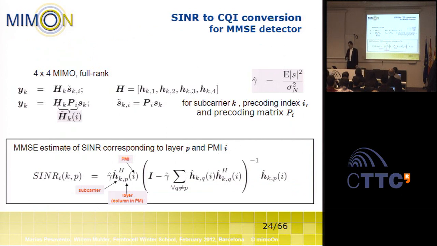So let us take a look at how this SNR can be estimated. If we consider a 4x4 MIMO system, and let's assume that we have a full rank channel, then the channel matrix containing the different transfer functions between all transmit and all receive antennas forms a 4x4 matrix.